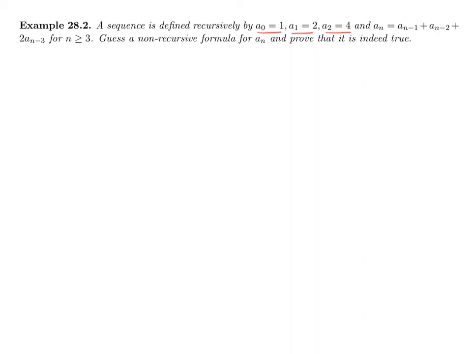Calculate maybe A3, A4, A5, A6, maybe A7 as well. Keep going like that until you get a feel for what's going on in the sequence. And then see if you can guess a formula that's not recursive that can define an. So you're not building it out of the sequence's previous element. So pause the video and try it now yourself.